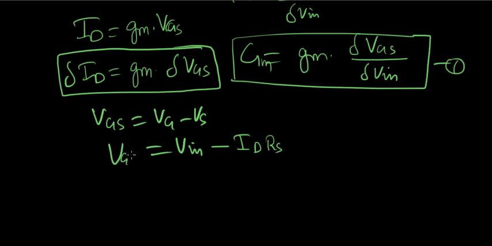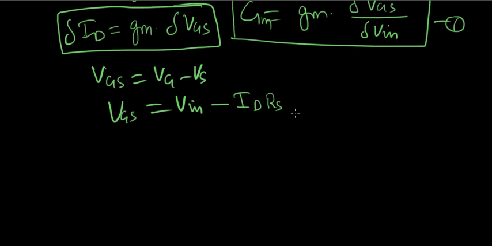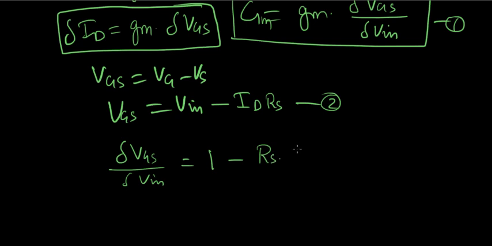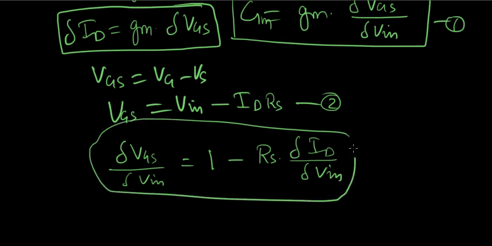So we have VGS as this, and we need delta VGS over delta Vin, so why don't we differentiate this equation 2 with respect to Vin? So del VGS over del Vin gives, when we differentiate Vin, we just get 1, minus RS is constant, and delta ID over delta Vin. So this is a golden equation that we can just directly substitute there.